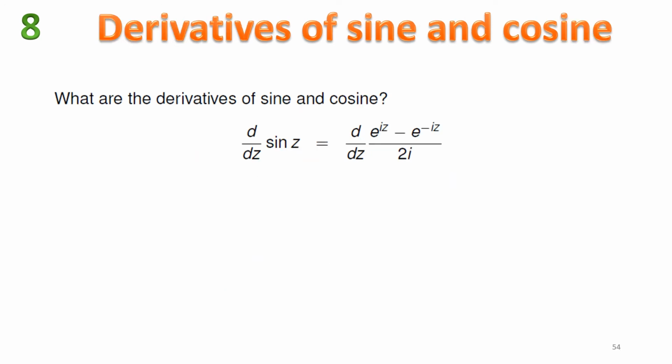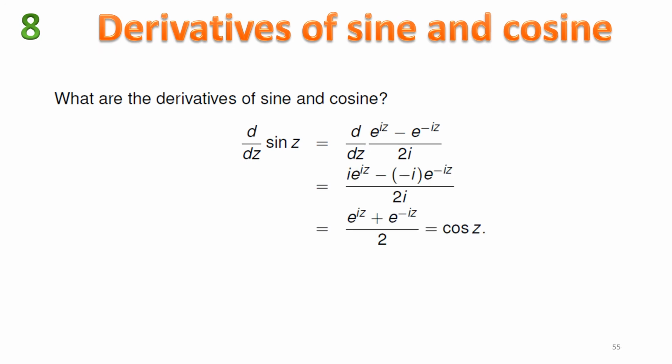Now we are in a position to differentiate these sine and cosine functions. For d/dz of sine of z, we have to replace sine of z by our definition, e to the iz minus e to the minus iz upon 2i, and then we are differentiating this bracket with respect to z.